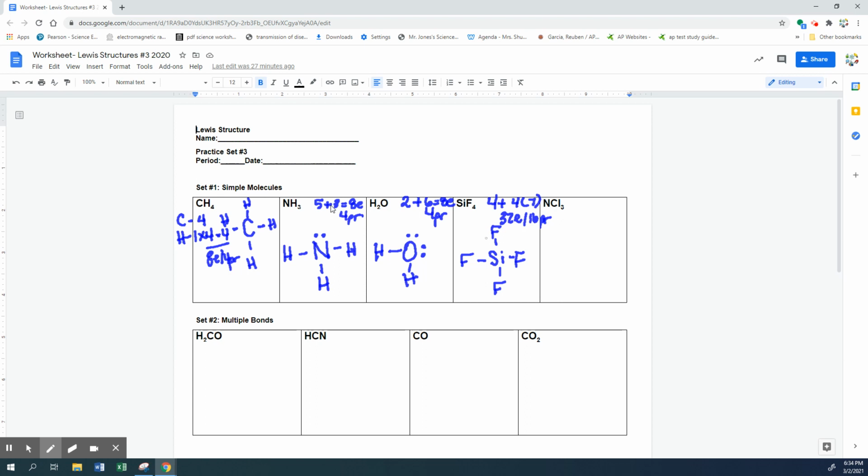Each fluorine, when I draw fluorine by itself, has 6 electrons, so I still need to draw all of those 6 electrons on each fluorine.